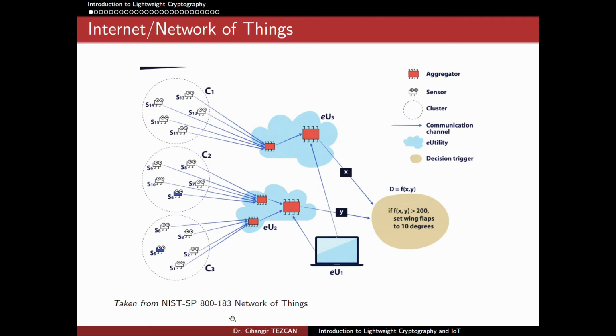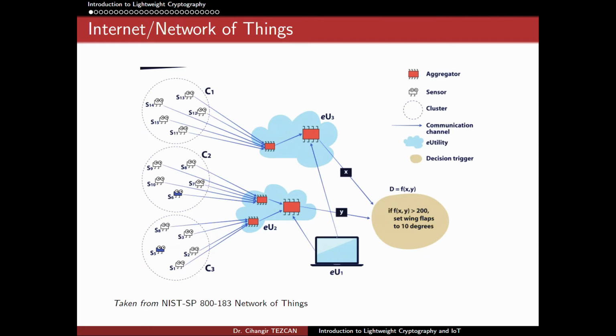800-183, titled Network of Things, and this picture is actually taken from there because I found the definitions in this documentation really useful. So actually they first make this distinction. The term IoT, Internet of Things, actually is not correct because most of the IoT devices in the field are not connected to the internet, but they are connected to an internal network.